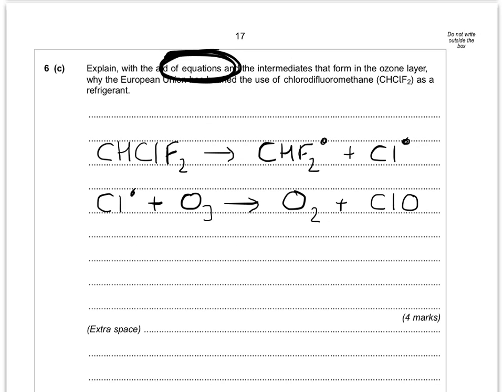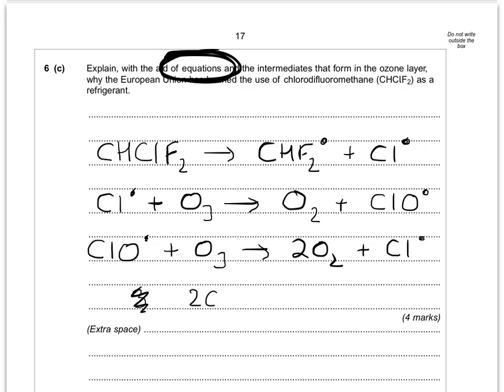So this is the first one, and this is the second one, the ClO dot reacting with another O3 to form 2O2 plus Cl dot, regenerating it, and then it's the overall reaction they want last, so 2O3 goes to make 3O2. There is your 4 marks, 1, 2, 3, 4.